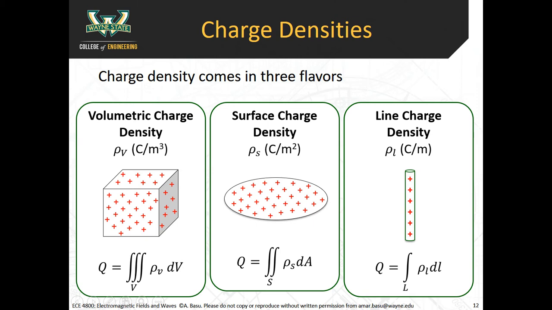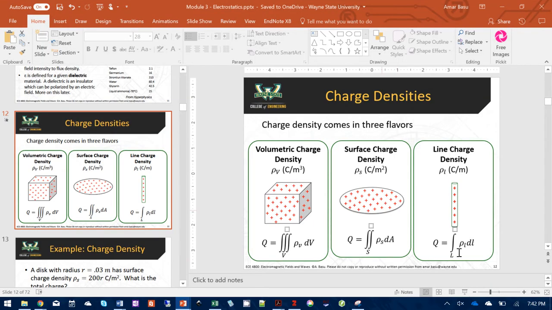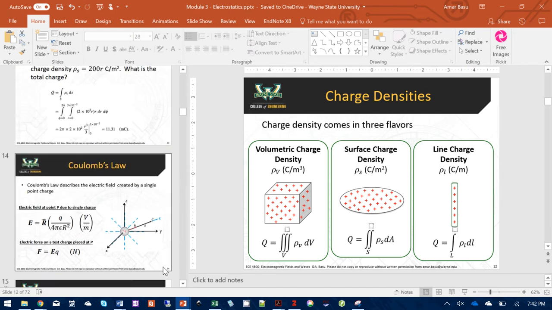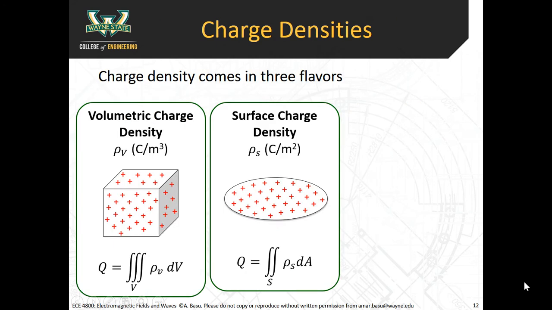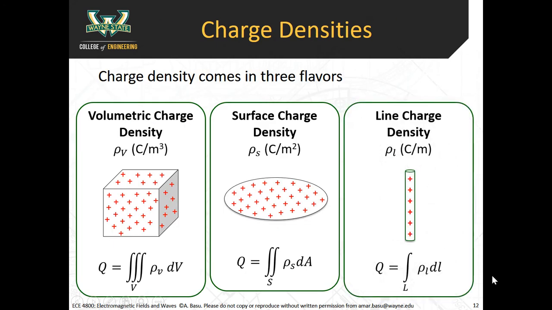For each one of these cases, if we want to find the electric field, we have to add up the contributions of charge from each one of these charges in the volume, the surface, or the line. So we did one example where we had an infinitely long line of charge, if you remember that, and we were asked to figure out what the electric field was at a certain distance away from that long line of charge.